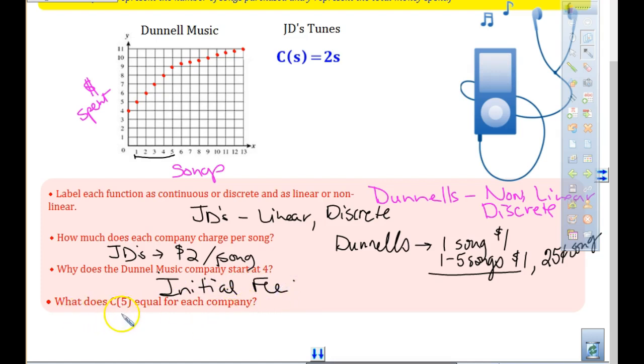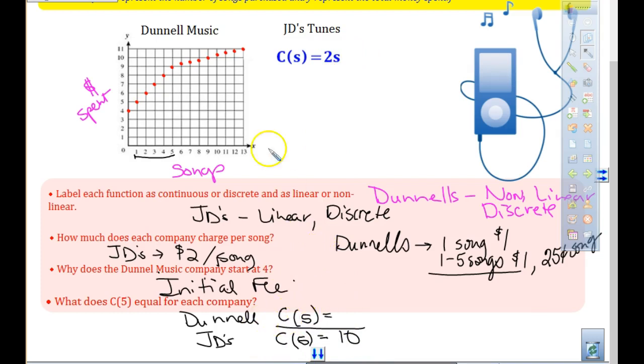So it says, if I'm looking for C of 5 for each company, so if I'm looking at C of 5 for the cost at Danelle's, right? So when you answer those questions, some of you the other day, you didn't write your function like as an answer like this. So I need you to make sure that you're doing this. So we're going to find C of 5 for both of them. JD's, nice, right? 2 times each song, C of 5 equals 10.